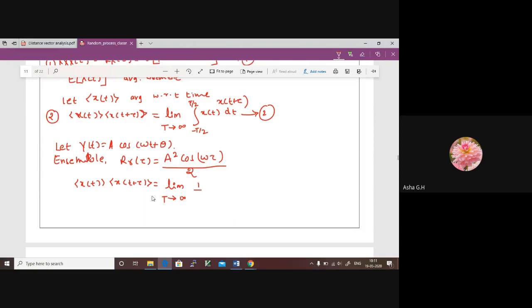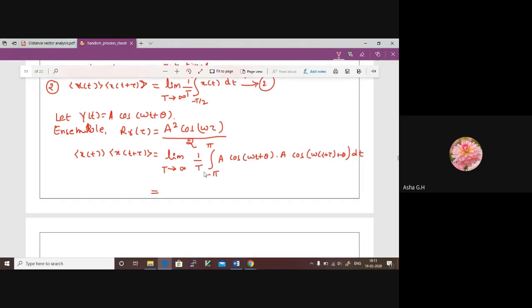The given random process is A cos omega t plus theta, and we have A cos omega t plus tau plus theta dt. We are now integrating this with respect to t. Please solve this and try to tell me the answer.